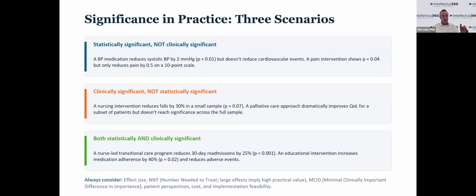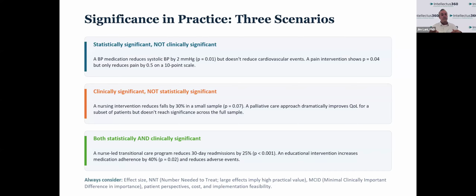particularly with large samples, which is typically not DNP's issue, typically too few samples. Sometimes you can have statistical significance, blood pressure, a statistically significant reduction, but it doesn't mean anything meaningfully. It doesn't bend the bar far enough where it actually makes a difference.